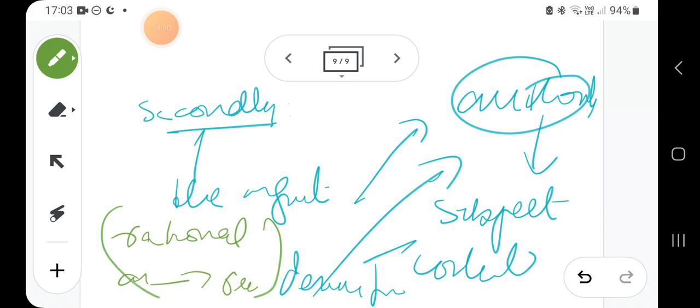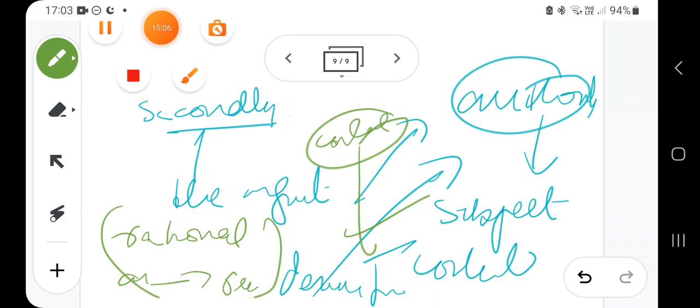So these are two. Naqli doesn't mean that it doesn't have reason. It simply means where you draw the content from. Okay, so that was an aside.